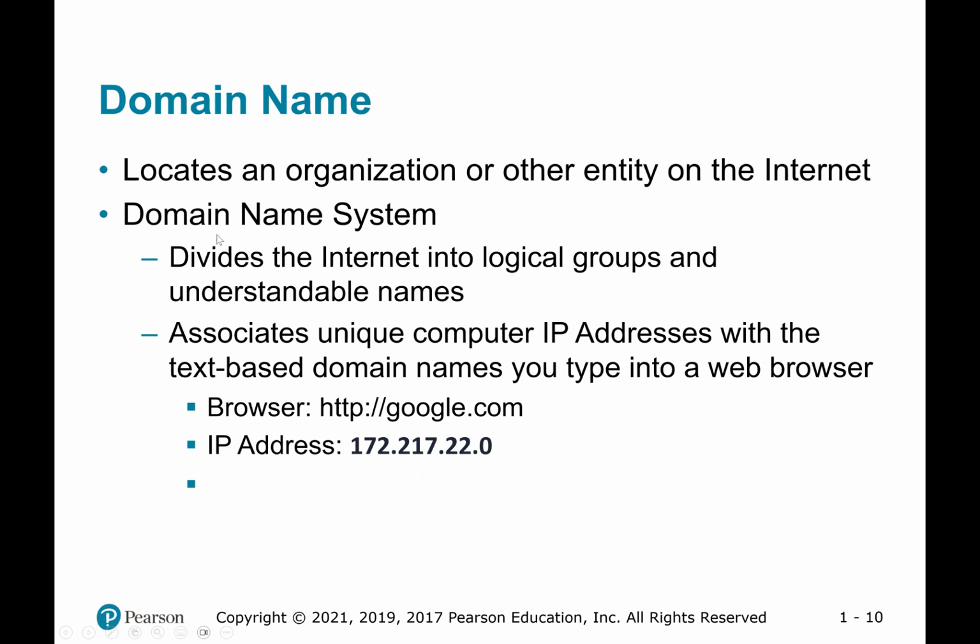The domain name system divides the internet into logical groups and understandable names, and associates unique computer IP addresses with the text-based domain names you type into a web browser. So if you type google.com, it may take you to this IP address.